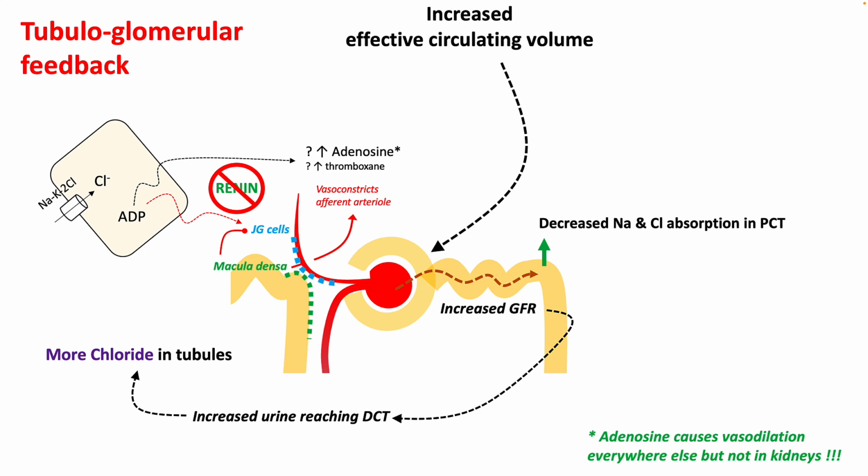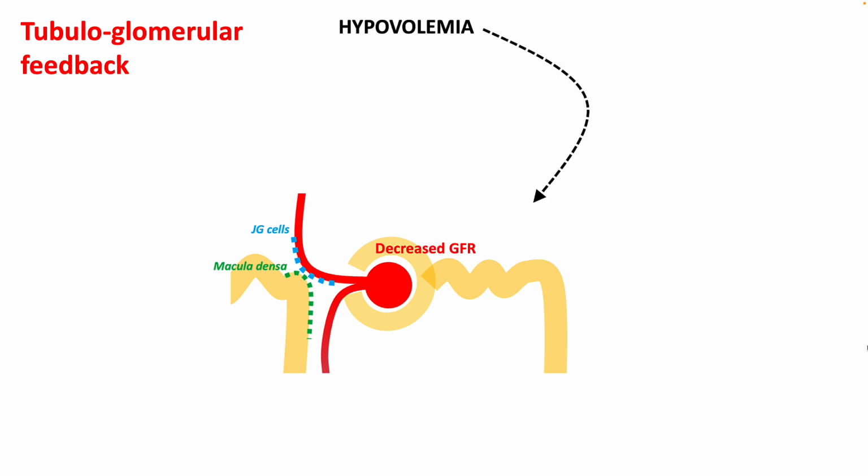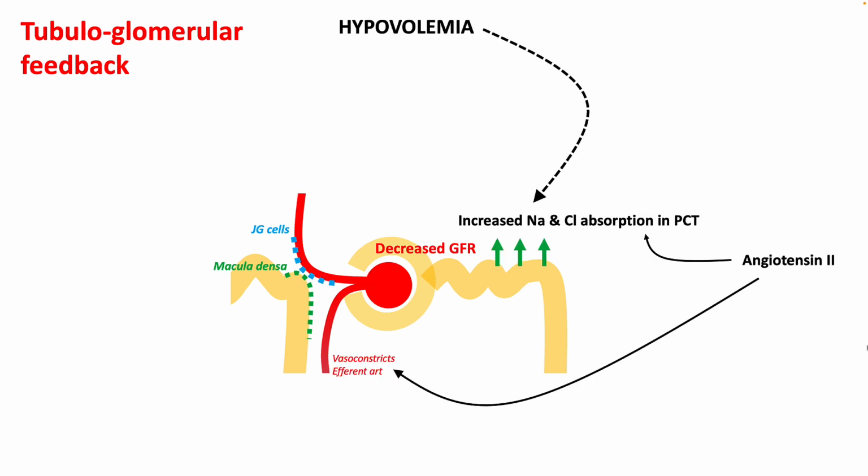If you remember, adenosine causes vasodilation in all other parts of the human circulation, but not in kidneys, where it causes vasoconstriction. Vasoconstriction of afferent arteriole is going to lower the GFR and decrease the amount of urine reaching the DCT. If you have hypovolemia, your GFR is decreased and you'll have increased sodium and chloride reabsorption in PCT.